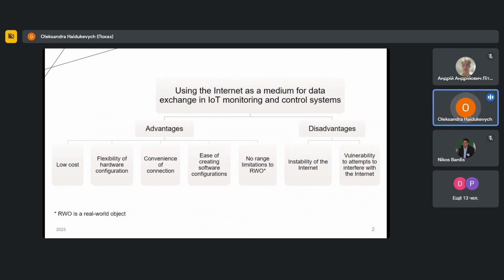Despite the known shortcomings, the use of the Internet as a medium for data exchange in these systems is due to the following factors: orders of magnitude lower cost, system flexibility, that is the ability to quickly configure hardware, ease of software creation, and a practically unlimited range.